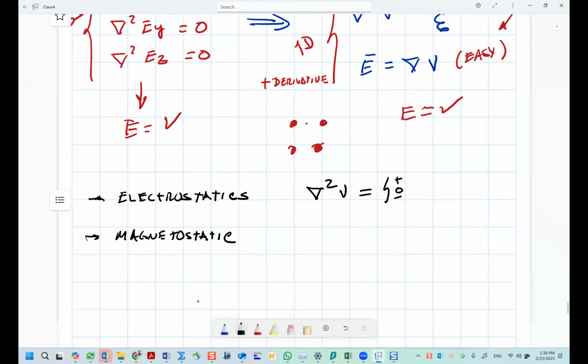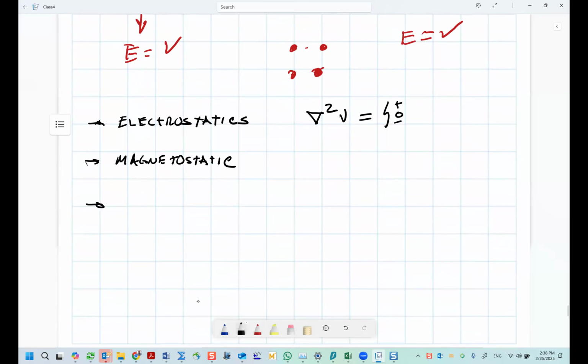Then we will have DC current, and then we will have AC current. And for completeness, you will have full or complete EMF. Each one of them has a different way.